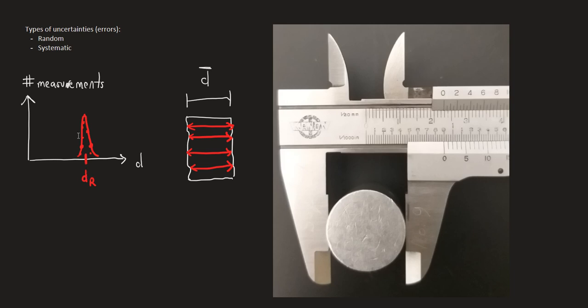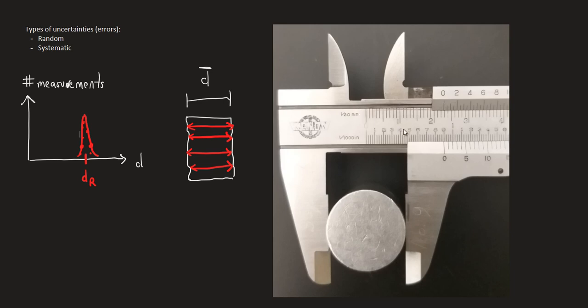Another kind of error could be the systematic error. For instance, we know that when this caliper is closed, this zero needs to fit with this zero here.